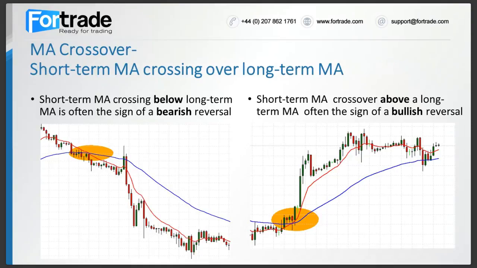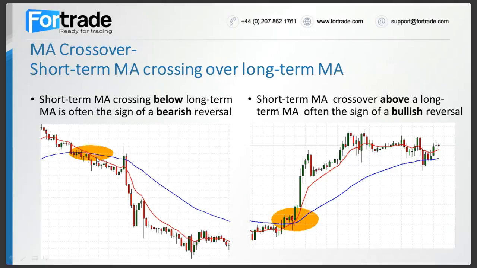And the next is moving average crossover. So short-term moving average crossing over long-term moving average. A short-term moving average crossing below, it's here, a long-term moving average is often a sign of a bearish reversal, while a short-term moving average crossing above a long-term moving average could precede the breakout higher.